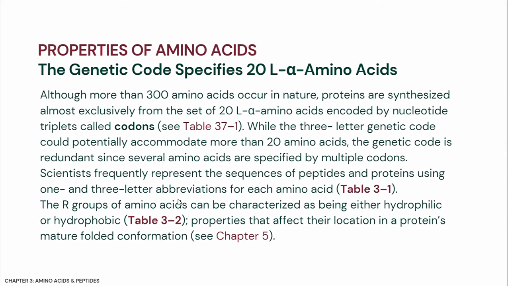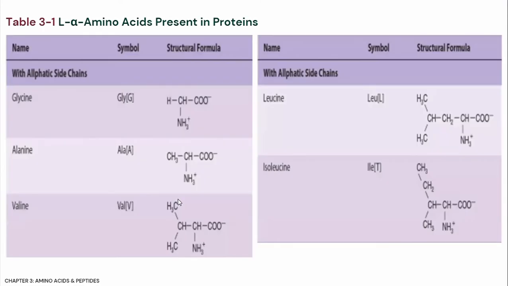So let's look at our amino acids. They are grouped together. First is with aliphatic side chain. So you have 5 there. Glycine, alanine, valine, leucine, and isoleucine.